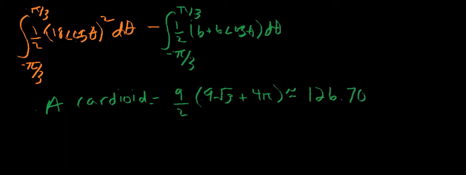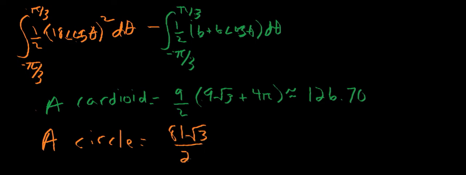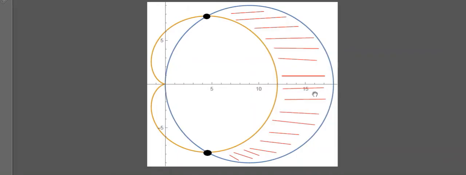Now the area of the circle, we found to be 81√3 over 2 plus 54 pi, which is approximately 239.79.